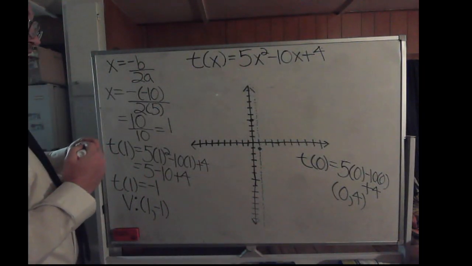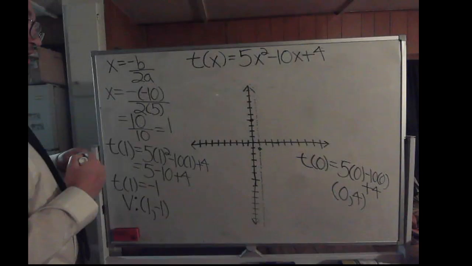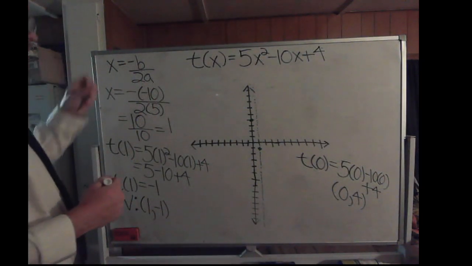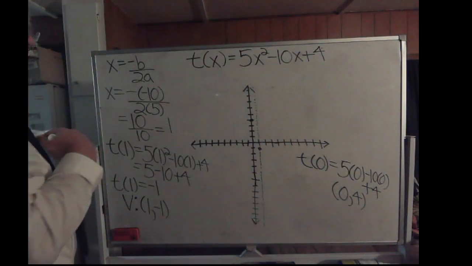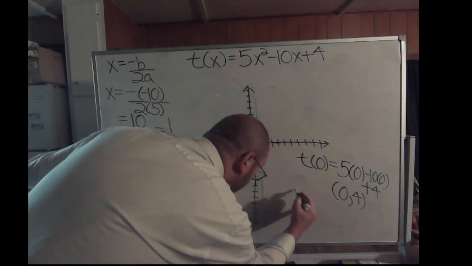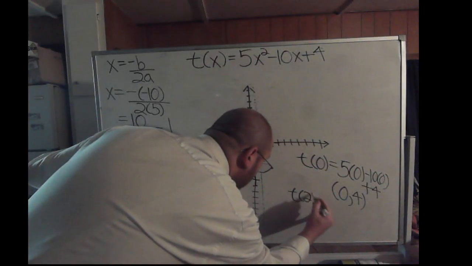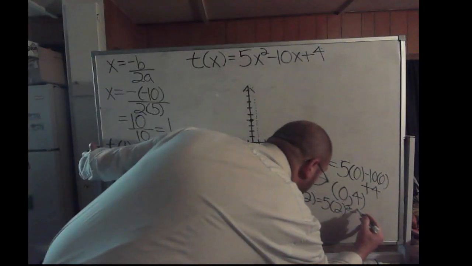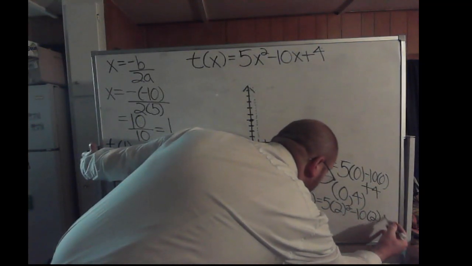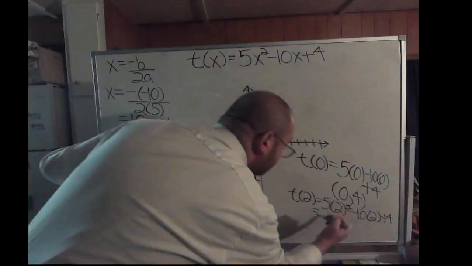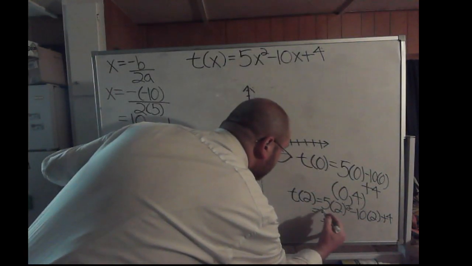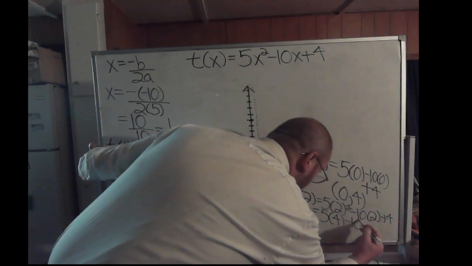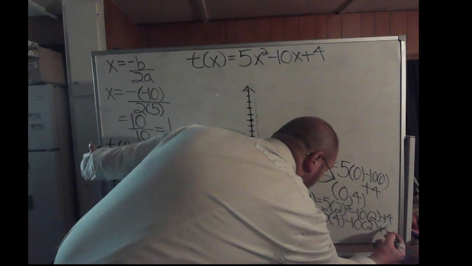Alright. Now, we got 1, so how about if we did t of 2? This one's going to be fun. What if we do t of 2? Well, that would give you 5 times 2 to the second power minus 10 times 2 plus 4. Well, 2 to the second power is 4, so you would get 5 times 4 minus 10 times 2 plus 4.